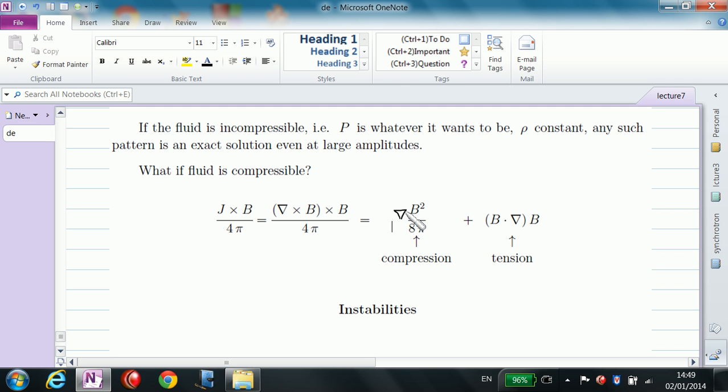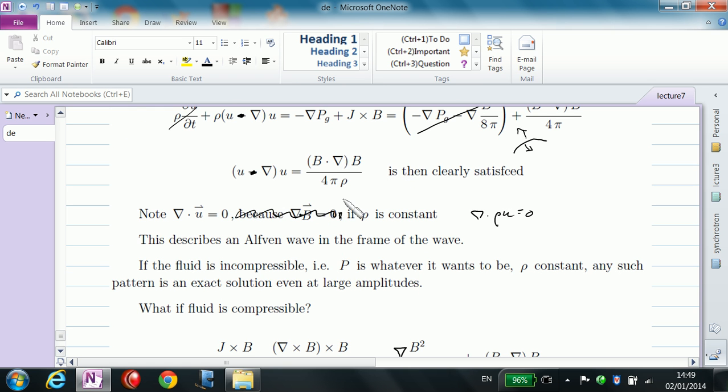Well, here's the thing. If you want u dot grad u to be equal to b dot grad b over 4 pi rho, let's put the rho up here.